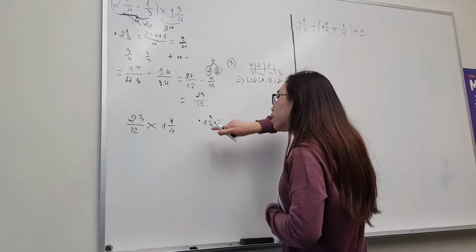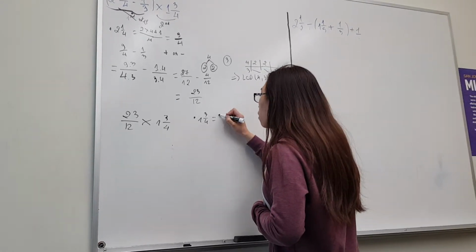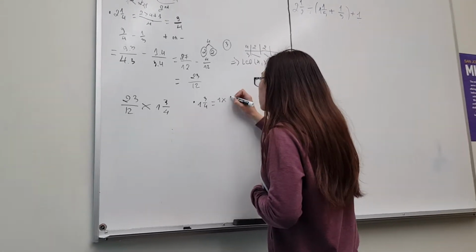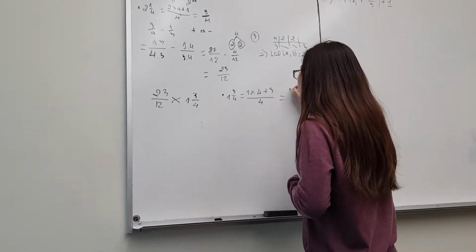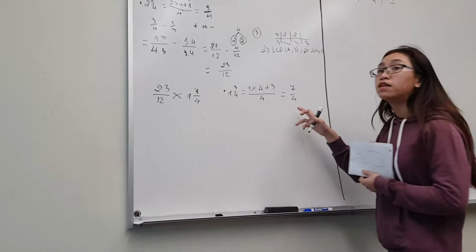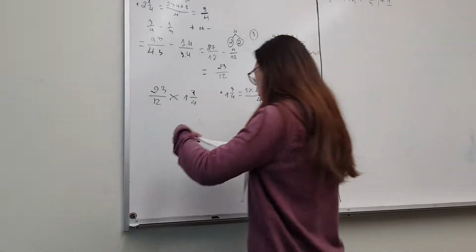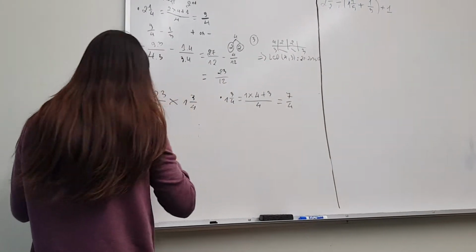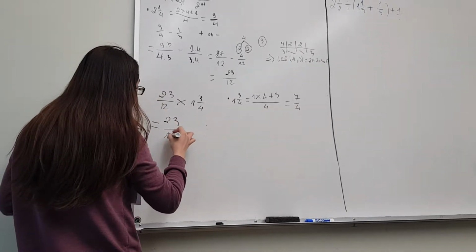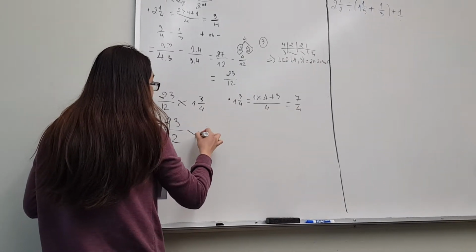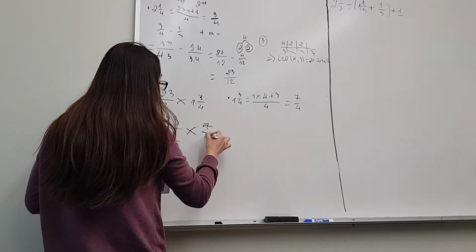Numerator: 1 times 4 plus 3 over 4. You have 7 over 4. This is the fraction. So you have 23 over 12 multiplied by 7 over 4.